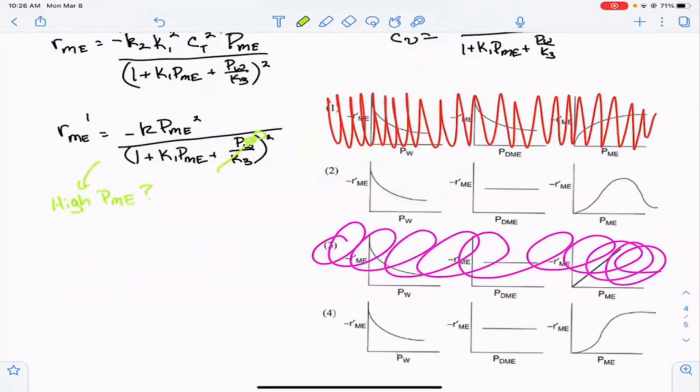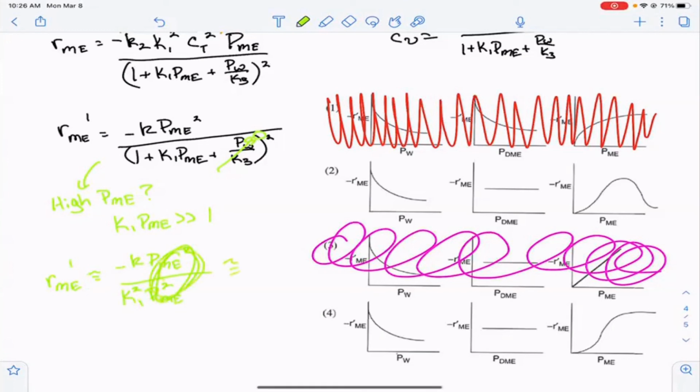But we know that at high PME, K1 times PME is going to be greater than 1, and so our rate law becomes approximately equal to minus K times PME squared over K1 times PME squared, right? And these cancel.